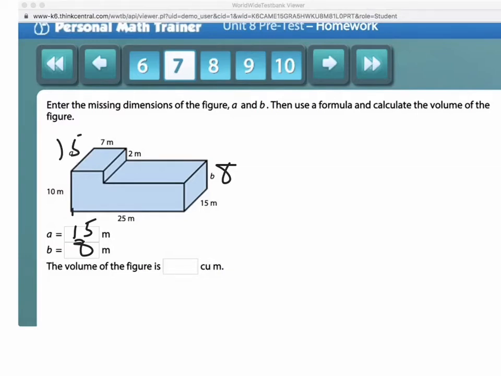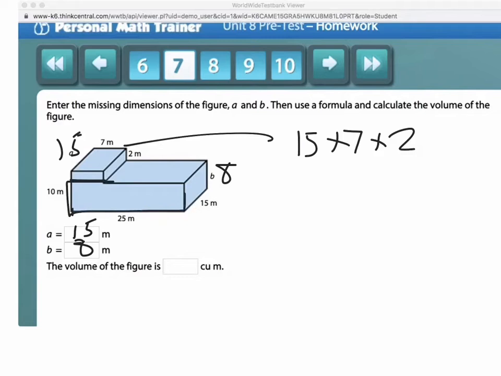So now we need to deconstruct the composite shape to make two shapes out of it. I'll do this little tiny box up here. A little tiny box, the formula for that will be 15 by 7 by 2. Okay, and the formula for this box down here will be 25 times 15 times 8.